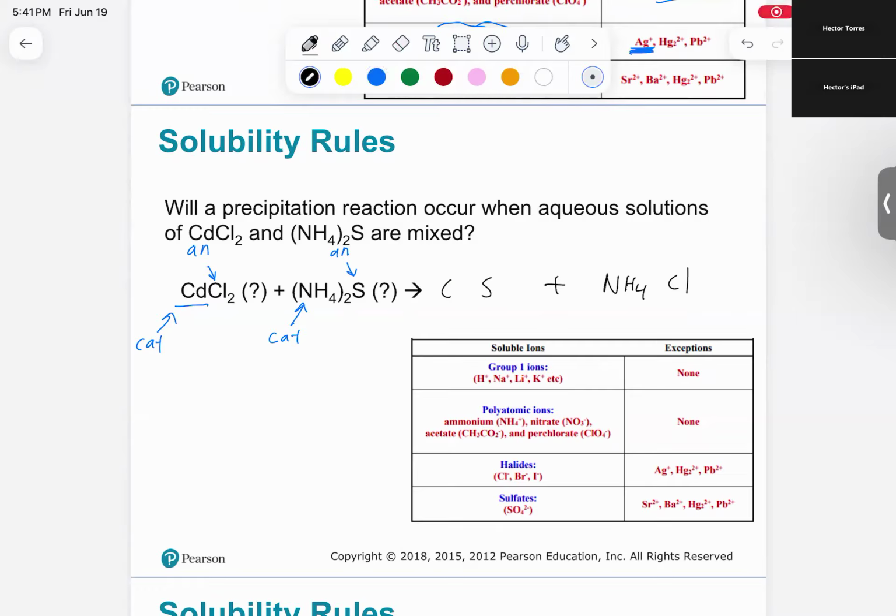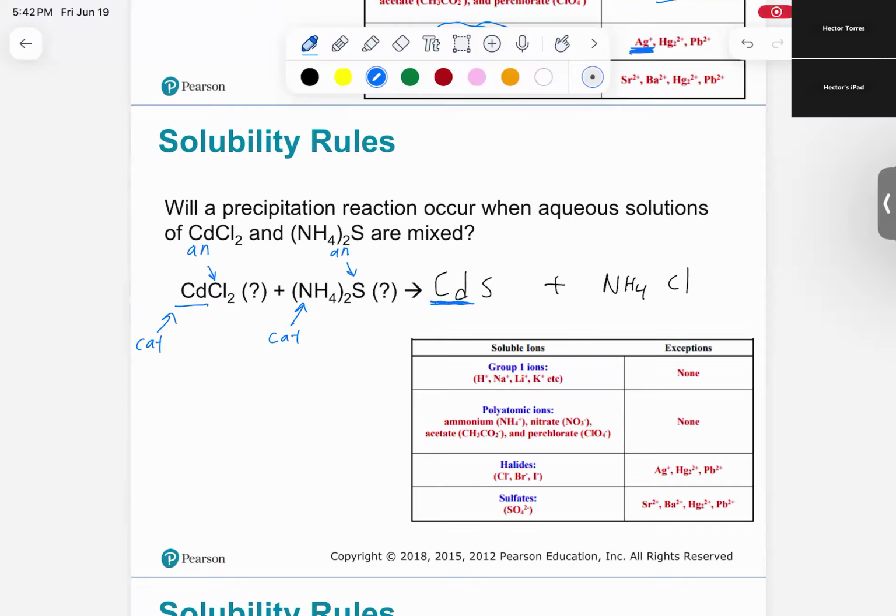Okay, and then one thing that we a little bit skipped over last time was balancing those charges. Because as you see now, we made a new molecule, so we have to make sure that they have a balanced charge of 0. So let's make sure that we do that. So Cd, I'm not super sure what the charge is on this one.